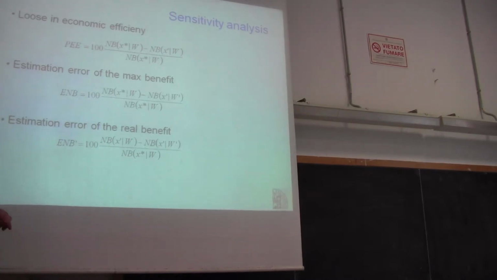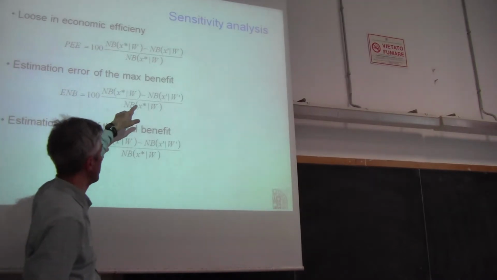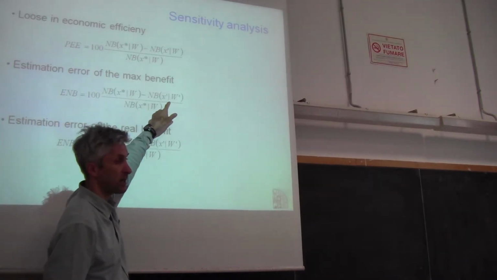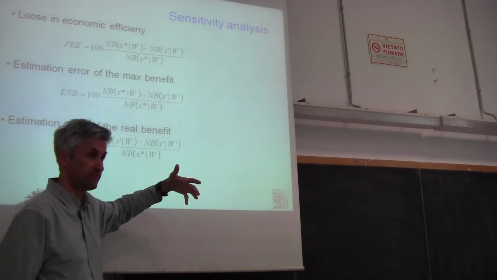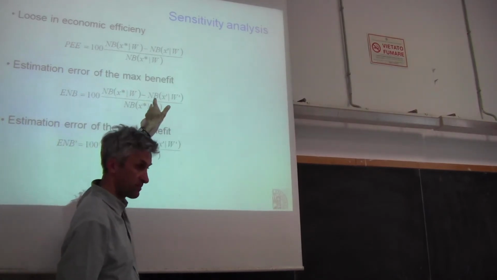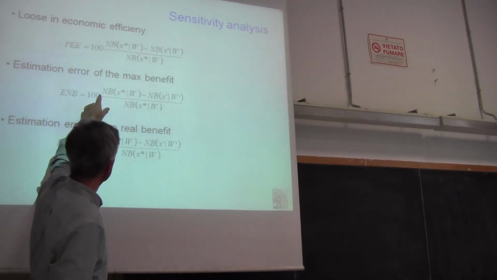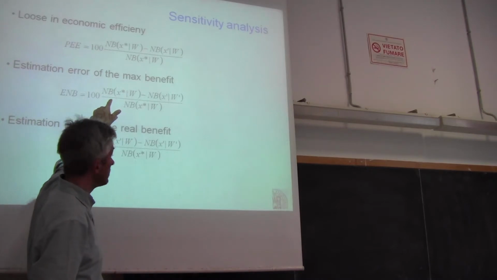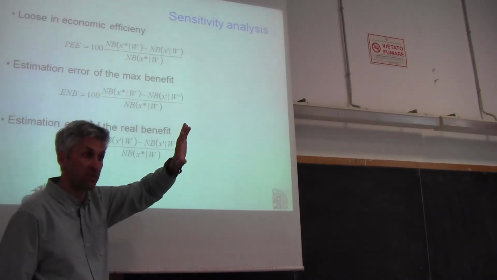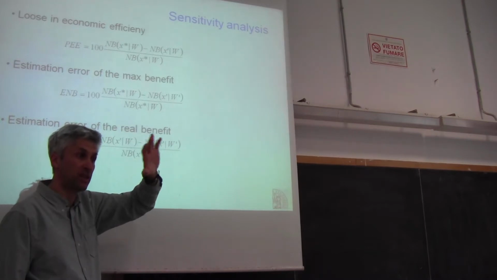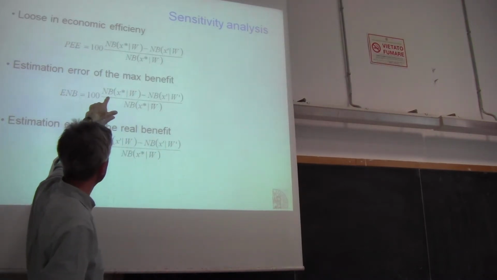And then there is an estimation error of the maximum benefit, because you estimate to take this benefit given by x prime and w prime. You estimate to get it, while the maximum benefit that you may take from this allocation is given by MB x star w.